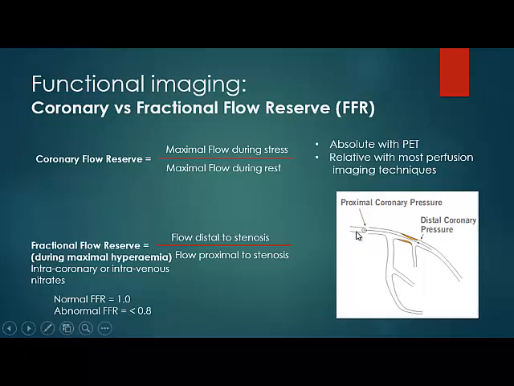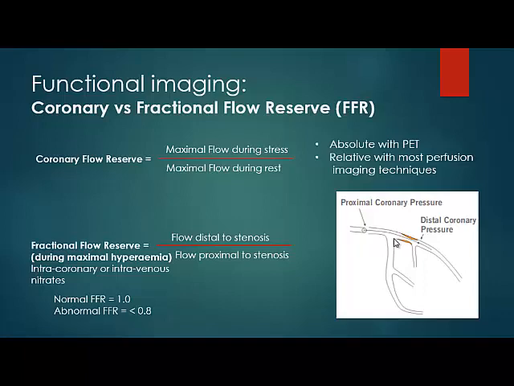So you pass a wire with a transducer at its end distal to the stenosis, and you induce maximal hyperemia by giving intracoronary or intravenous adenosine, and you measure the pressure distally and proximal to the stenosis, and the ratio of that is called fractional flow reserve. So if the stenosis is functionally significant, then the ratio will be less than 0.8.